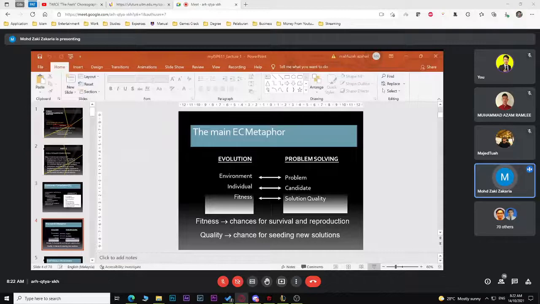So the best candidate is the highest value. The best candidate we pick up, and then we put as a parent, parent for reproduction.